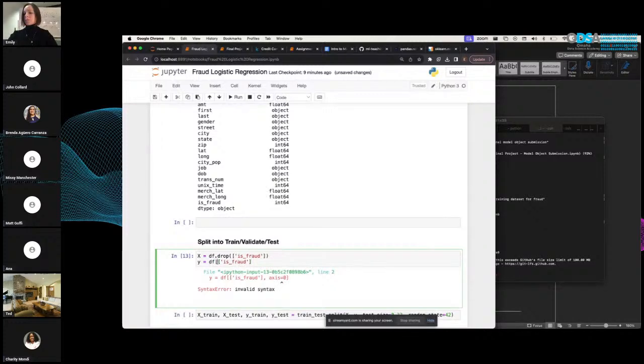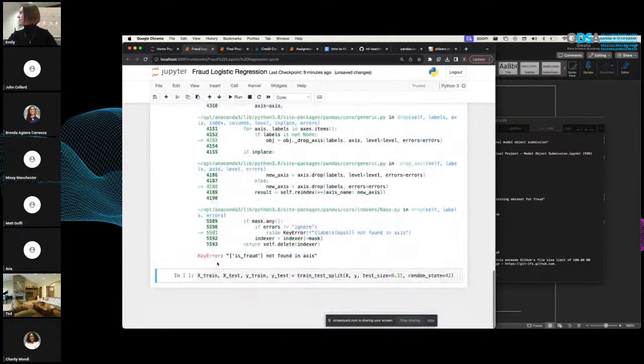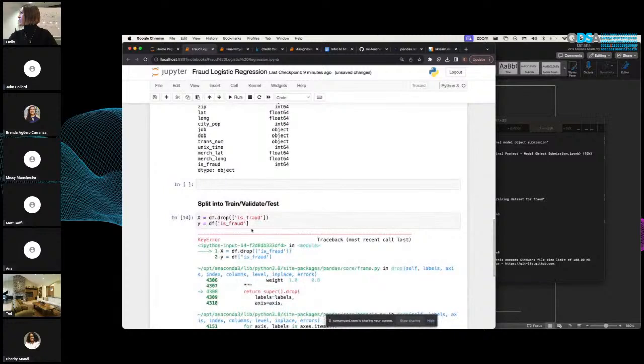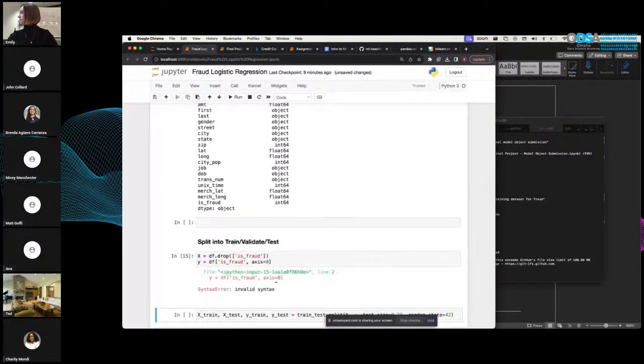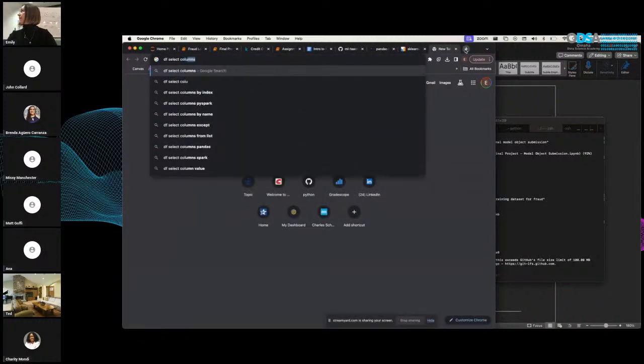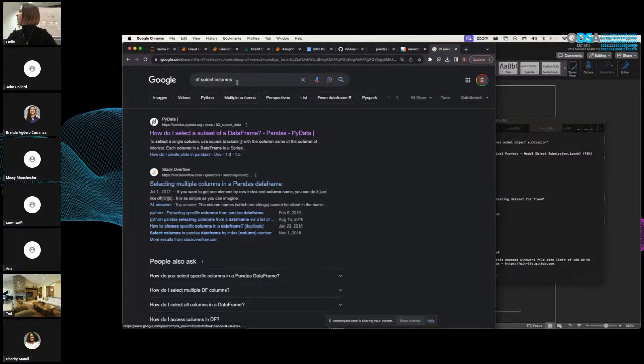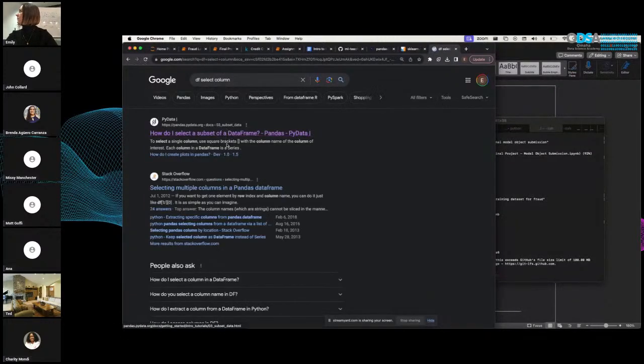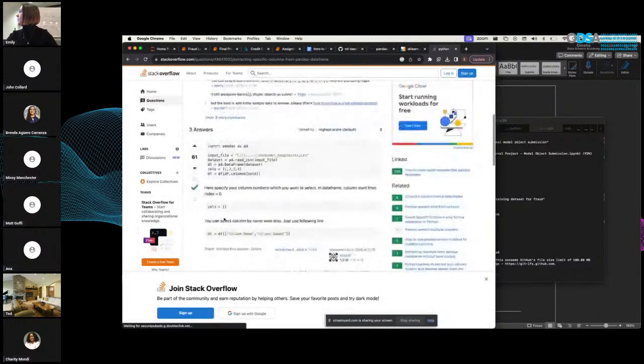Exact syntax gets me at times. One of these. Specific column. Here we go.